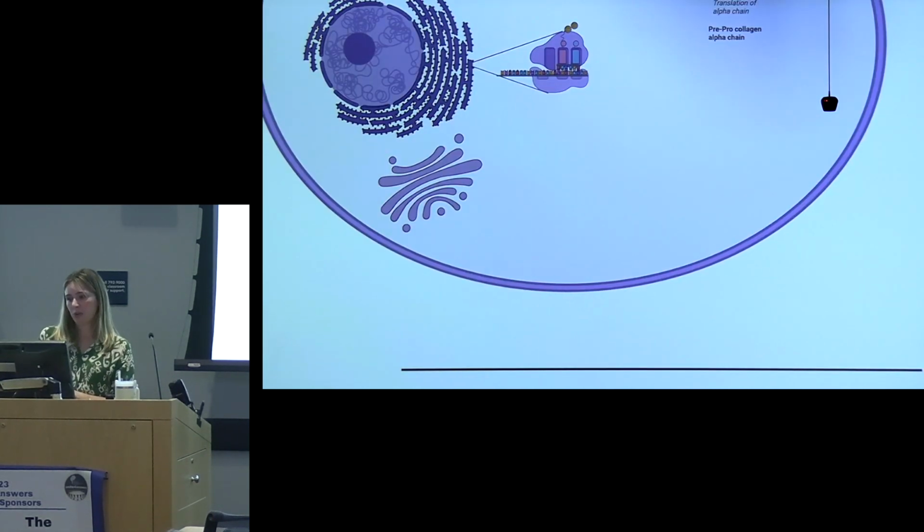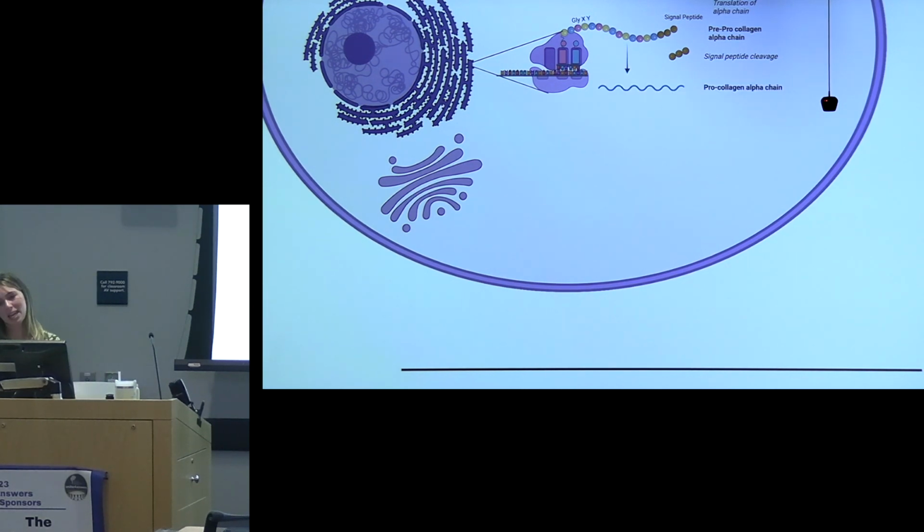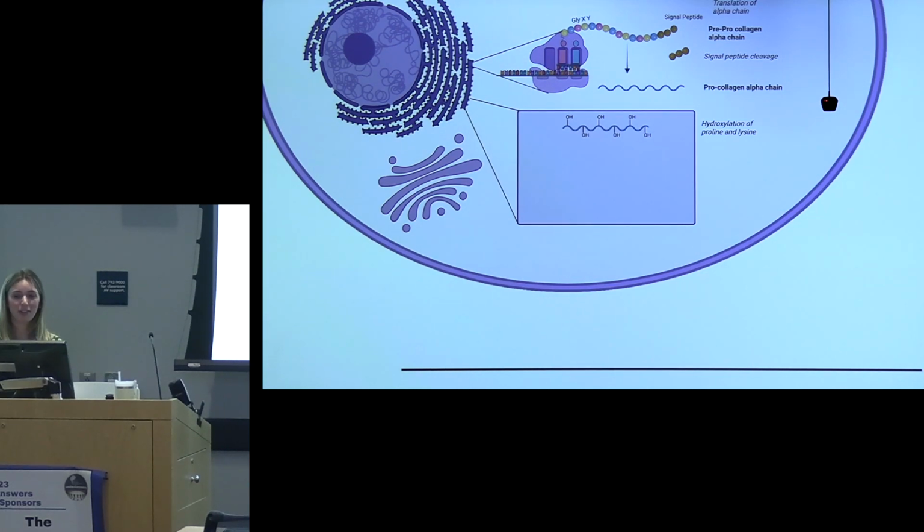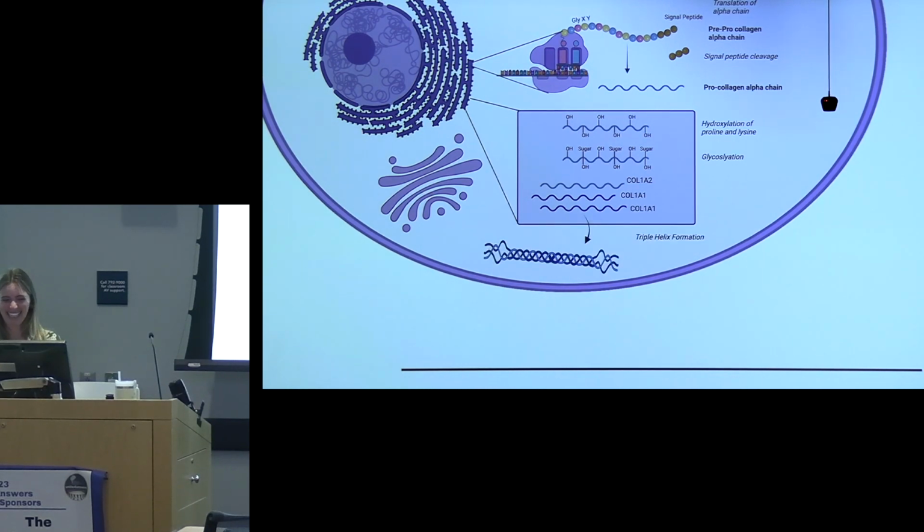And so I just wanted to show you a little schematic of sort of how collagen is made and synthesized and then secreted outside of the cell. So a lot of things go on. I'm also really proud of this picture, so I really wanted to use it. So eventually, after it's translated and it's hydroxylated and glycosylated, you get these triple helixes of collagen.